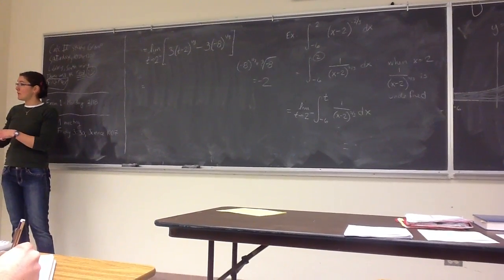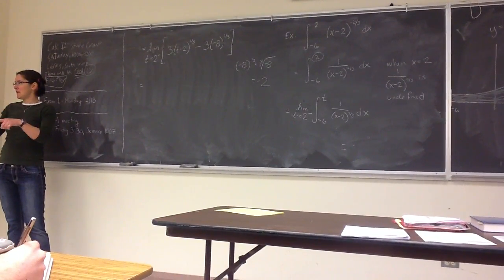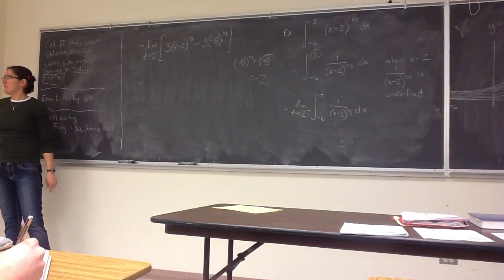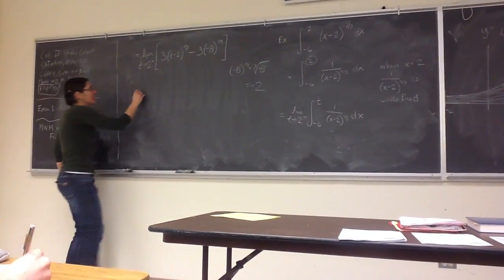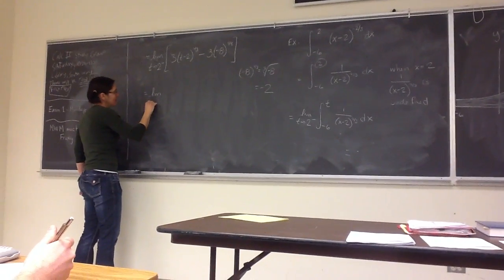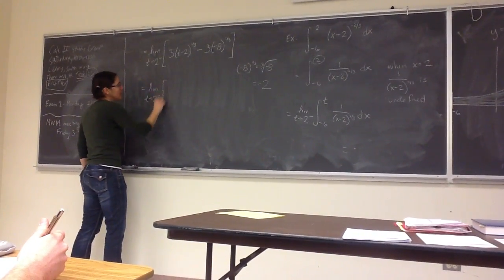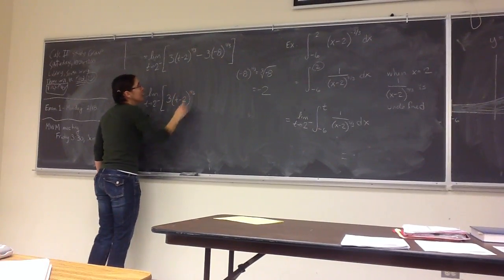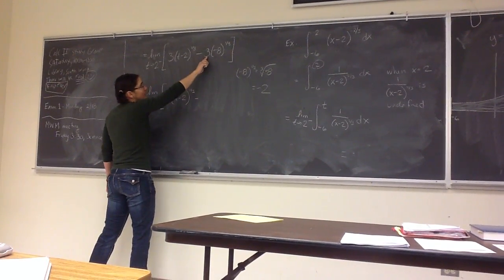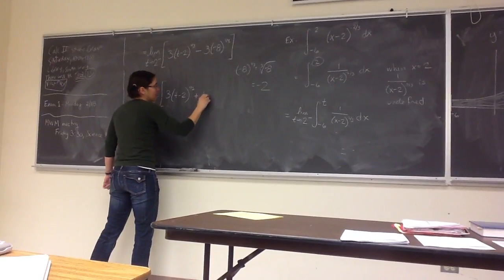With the odd powers, -2 times -2 times -2 is going to give me an odd number of negatives. Okay, so we've got the limit as t goes to 2 from the left of 3 times t minus 2 raised to the 1/3 minus 3 times -2, so that becomes plus 6.